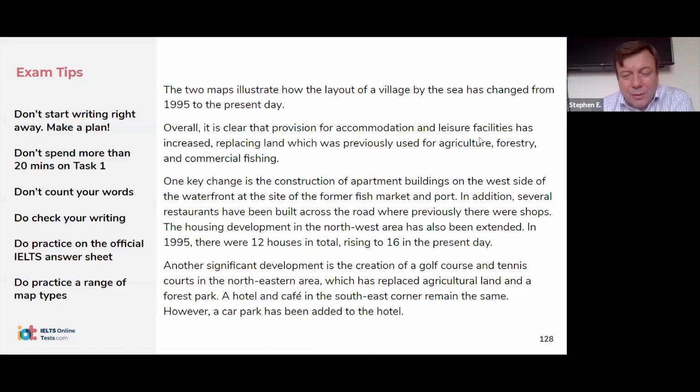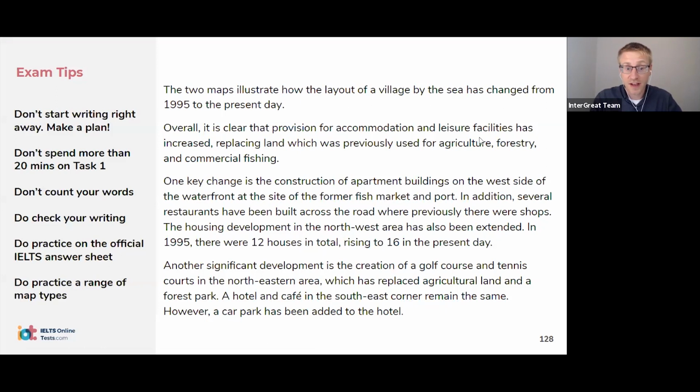That's right. Good. There are different ways to organize your details in body A and body B. And in this essay, I believe it's organized by location. So it moves around the map from the port in the south, and then it goes to the northwest, and then it goes to the golf course in the northeast, and then it goes to the hotel and the cafe in the southeast.